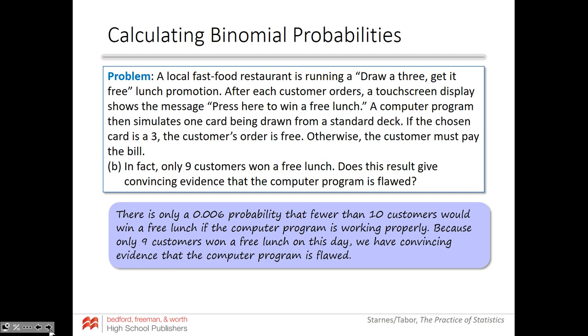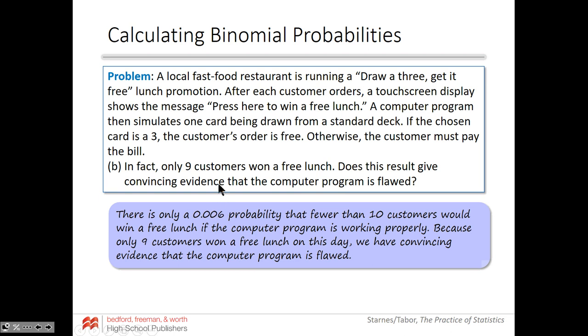Because there's only a 0.006% probability that fewer than 10 customers would win a free lunch. Remember, we said typically 5%. This is less than 1%, right? So 5% is our cutoff. Because this is so rare, it would only occur so rarely.